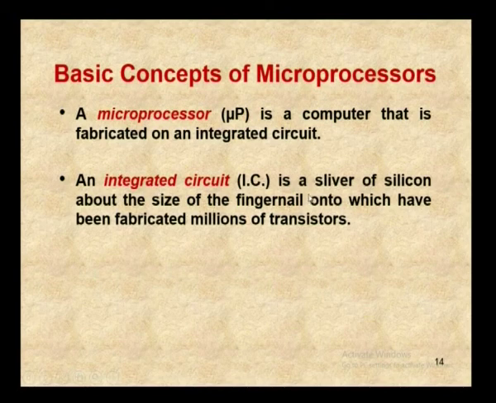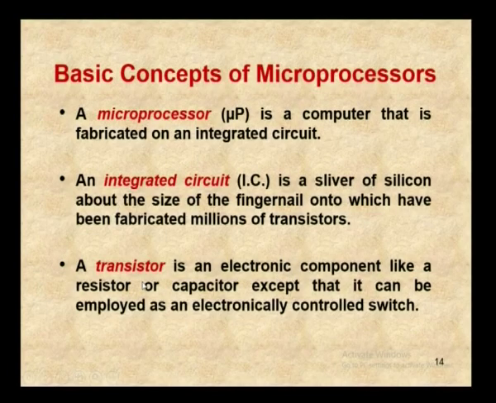What is meant by integrated circuit? It is a small silicon chip. The size is very small, as you see here, the size of your fingernail. We have technology to fabricate millions of transistors, so by fabricating millions of transistors, we can put the entire computer in the size of your fingernail. What is a transistor? A transistor is an electronic component.